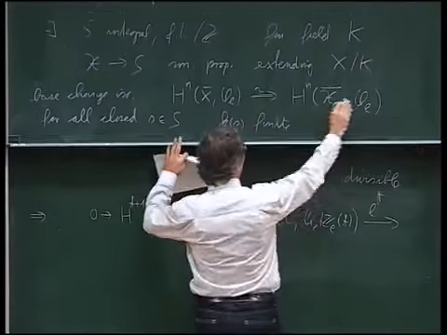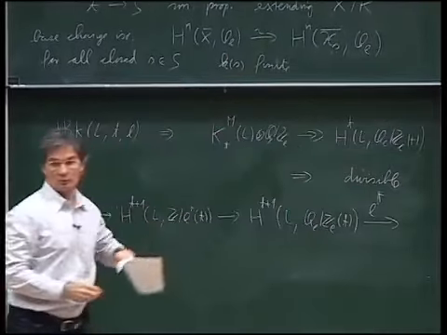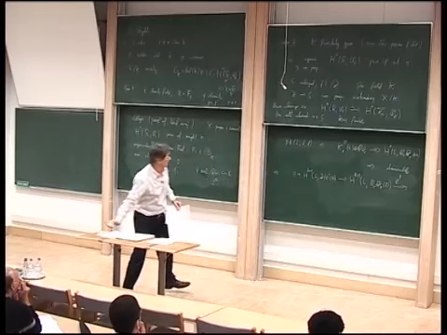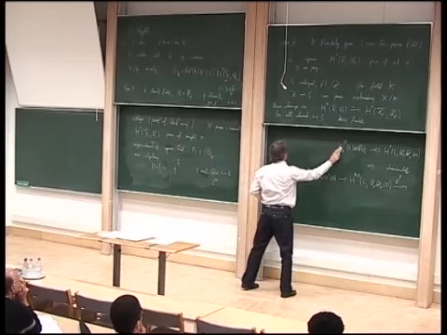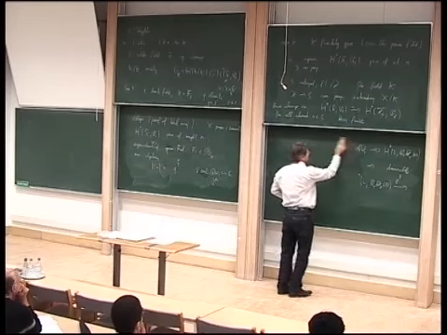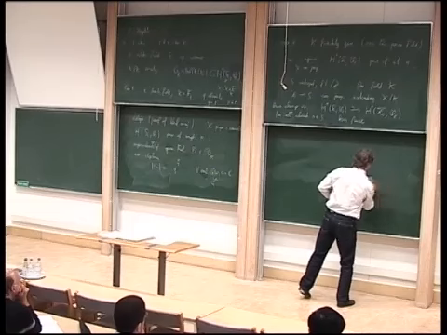So then on the right hand side we have the cohomology of a smooth proper variety over a finite field, and there we have these properties of the Frobenius eigenvalues.